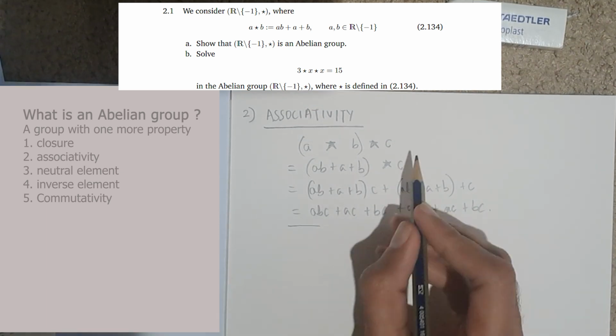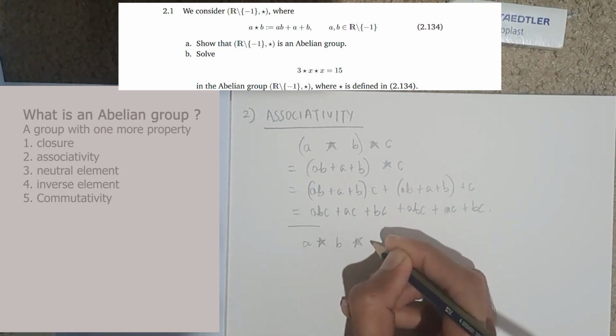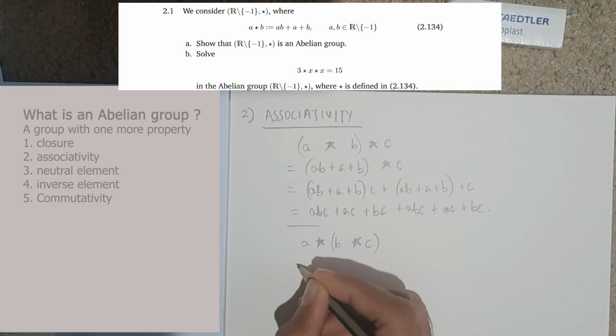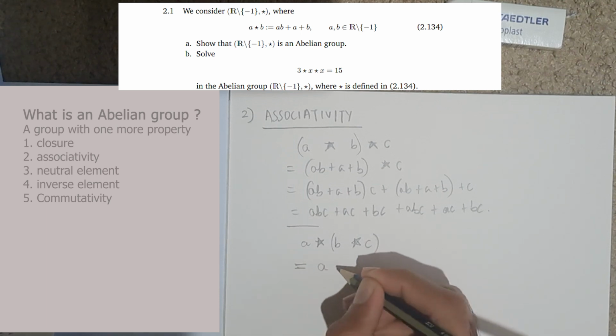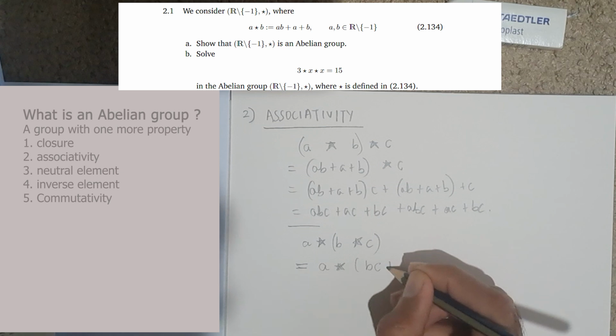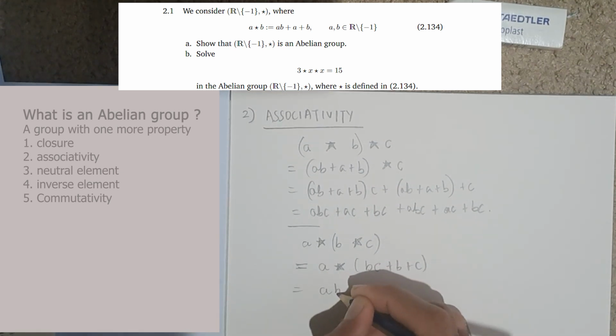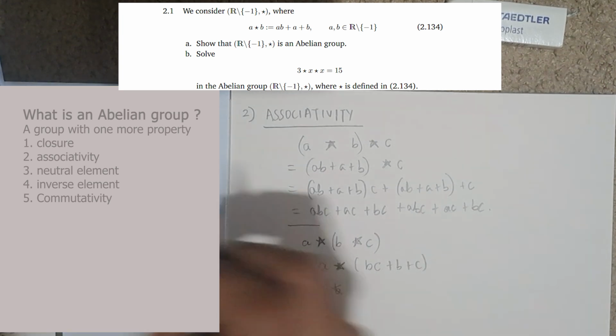Now let's look at a different association. If we do that, then it's A star BC plus B plus C. Right.